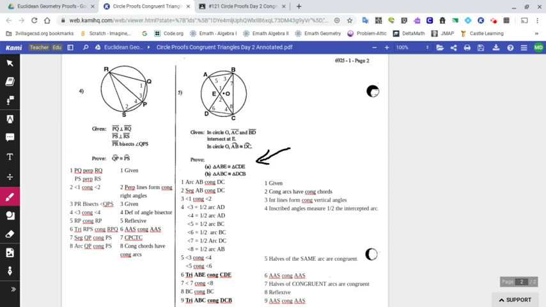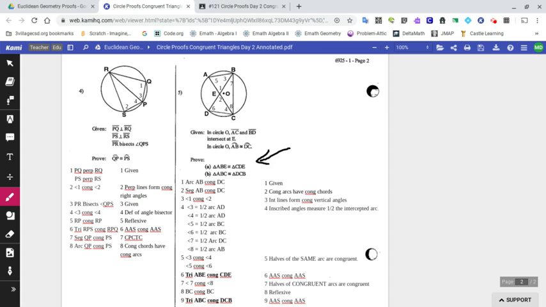Now, the next statement, which is statement 4, really has 6 statements in it, and they're all basically the same statement with the same reason, so I combined them all. And some of them refer to the first proof statement A, and some of them refer to the second proof statement B. Okay, but anyway, 3 and 4 are both half of arc AD because they're inscribed, and that's their arc AD. 5 and 6, same reason, half of arc BC, they're inscribed.